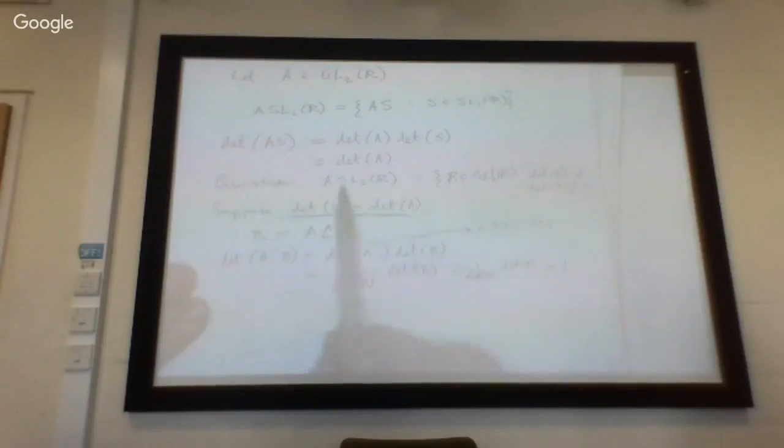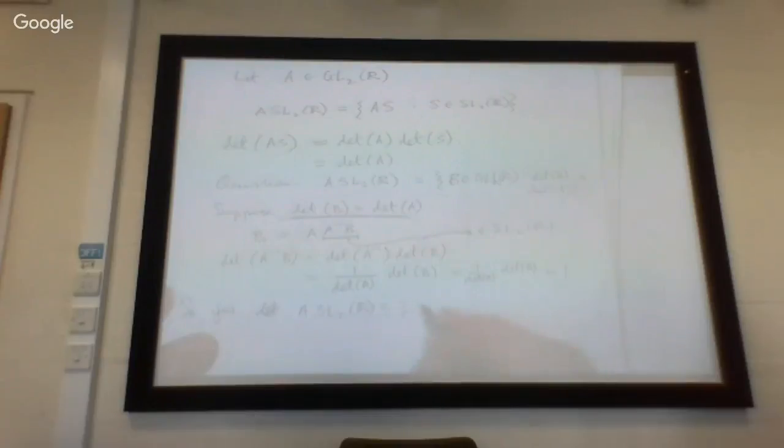Everything in the coset of A has the same determinant as A. And anything that has the same determinant as A is in the coset corresponding to A, because you can write it as A times something from the subgroup. So the left coset of A is equal to the set of X in the general linear group where the determinant of X equals the determinant of A. This is the question I posed above, but now we've actually proved it.